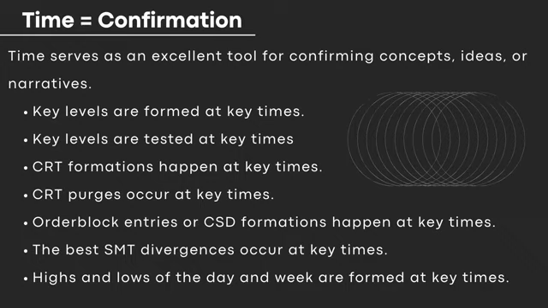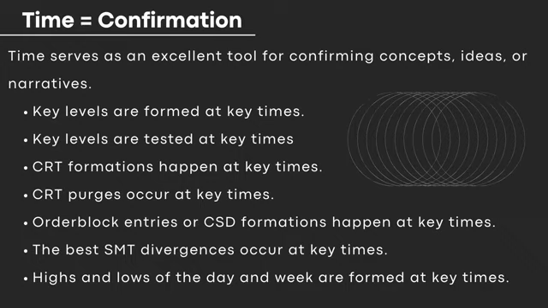And the best CSD and the best order block entries are formed at key times, right? Which means that when looking for entries, you have to look for key times for that to happen. And if you reverse engineer my trades, you will see that most of my entries are taken at key times, and that is because I'm waiting for price to test a key level at a key time. I'm looking for the purge to happen at a key time.